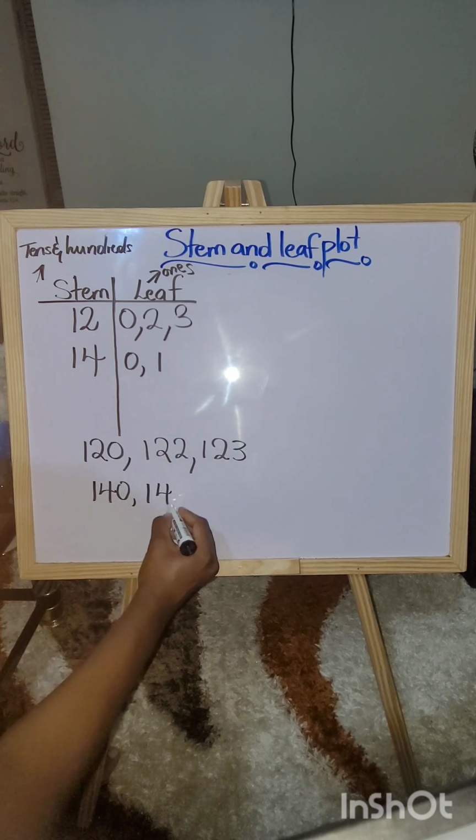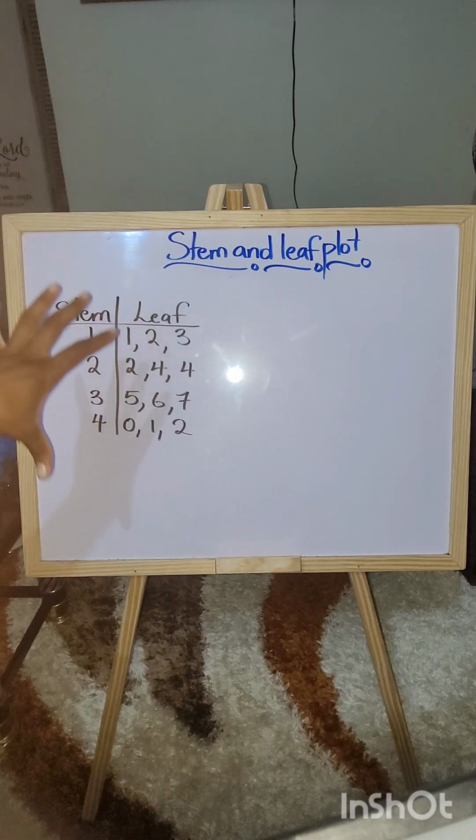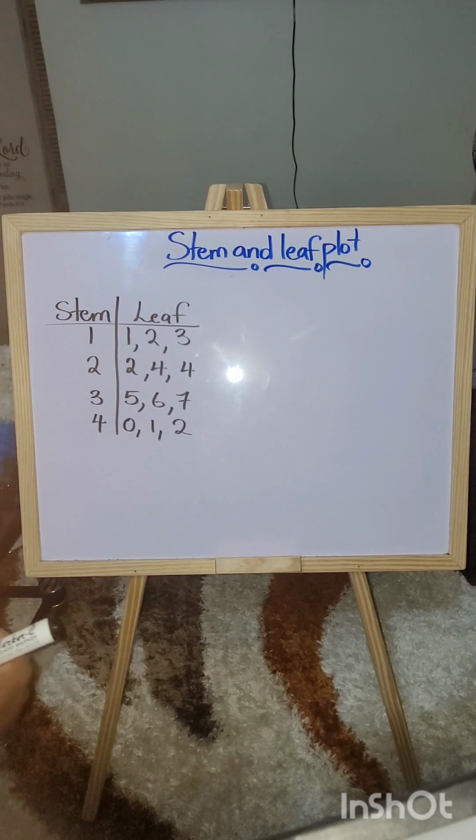They are distributed. All right, so what if you got a stem and leaf plot like this and they said to you to list out all the numbers? Now, in order for you to actually do a stem and leaf plot, the numbers must be in order from smallest to largest. So these are already placed in order.